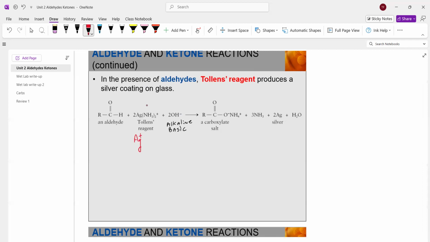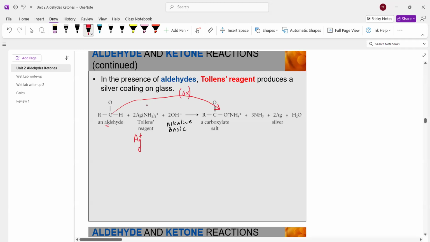And what happens is Ag+ is easily reduced to silver if there's something that can be oxidized. So the aldehyde is what's being oxidized. So the aldehyde goes to the acid salt because it's in an alkaline environment. Hence, there's no H on the end of that O there. So that's being oxidized.